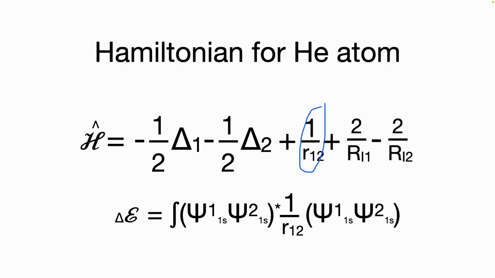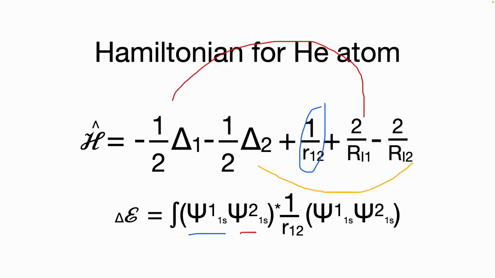So we take these two terms and these two terms together, and our eigenfunction then becomes psi1 times 1s and psi2 times 1s.